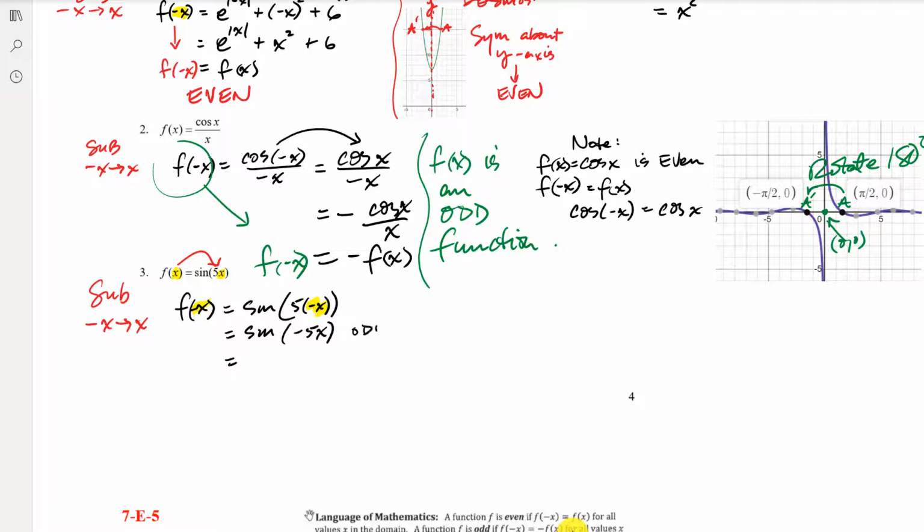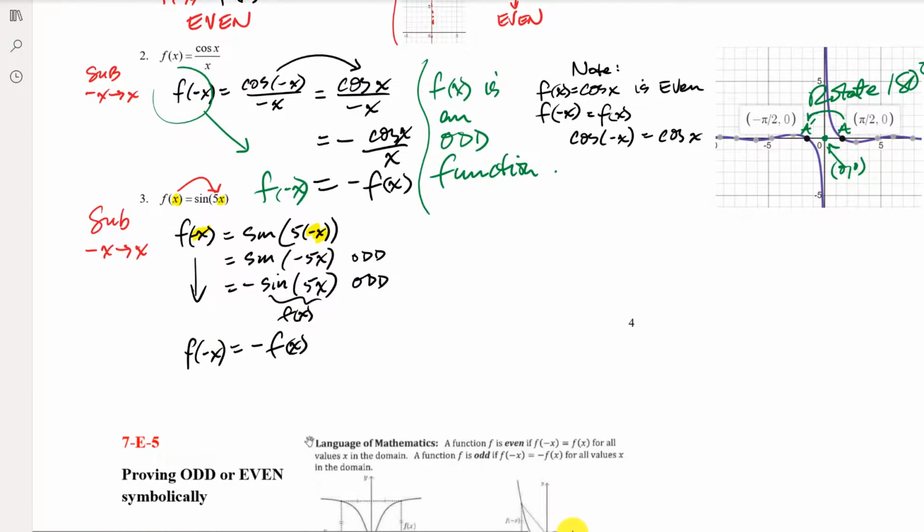We know this is odd, so this is negative of sine of 5x because it's odd. That's the reason why. And notice that sine of 5x is nothing more than f of x. So this is negative of f of x. And so if I bring this down right here, you'll see that f of negative x is actually equal to negative f of x, which is the definition of an odd function.